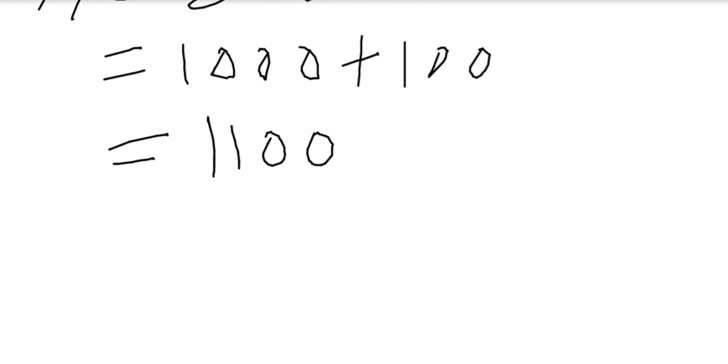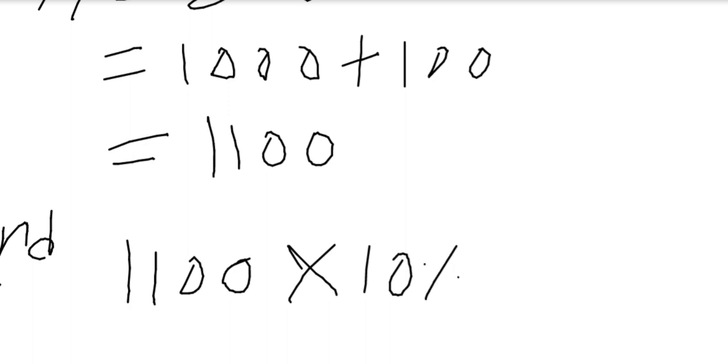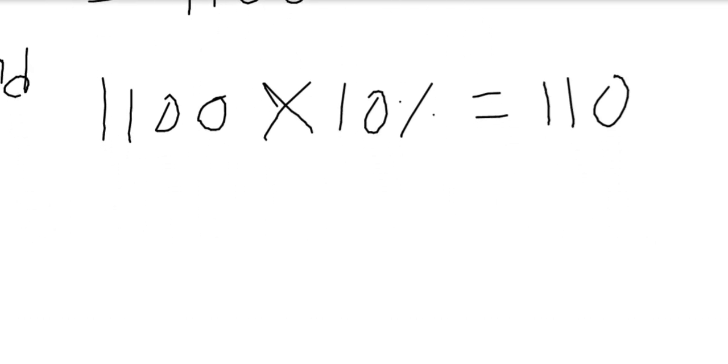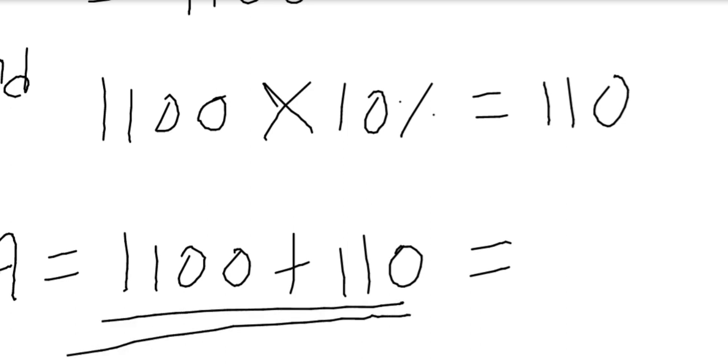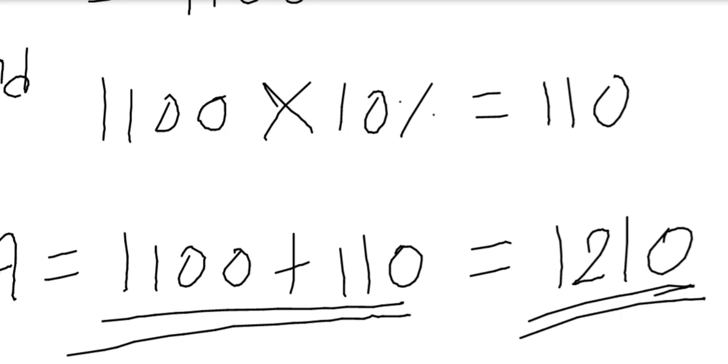So the interest in the second year is on 1100 into 10%, which is equal to 110. So after 2 years the matured amount A is the opening balance 1100 plus the interest earned 110, which is equal to 1210.